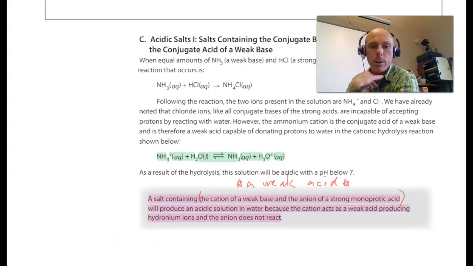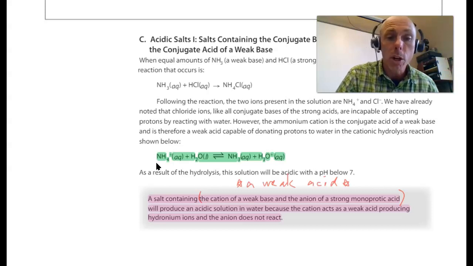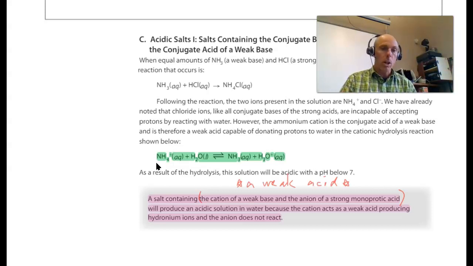So sodium acetate would be a great candidate to pair this with to make a basic salt. Skipped ahead, I'm on 335 of the physical textbook, 343 of the ebook, looking at the reaction in green. Here is a cation that is a weak acid. It's the ammonium ion. Now, if this were in a salt, paired maybe with chloride so that it would be totally soluble, the ammonium ion would hydrolyze water, generating ammonium's conjugate base, ammonia, and hydronium.